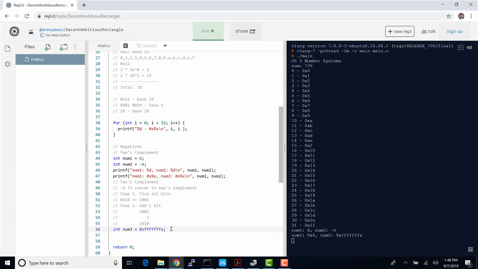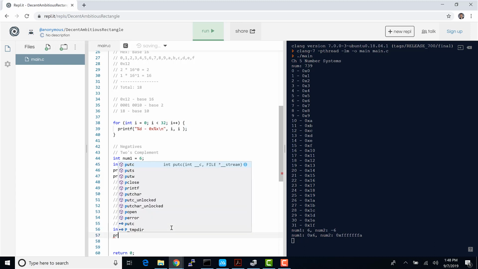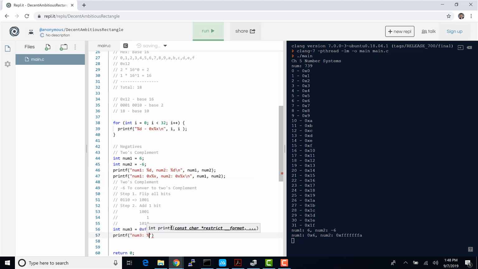This is actually in hexadecimal the representation of -6. To prove that to ourselves, we'll do a printf of num3, print out num3 as hex and print out num3 as decimal, and we click and run that. Notice, sure enough, we have the hexadecimal representation and the -6, which again shows the 2's complement.